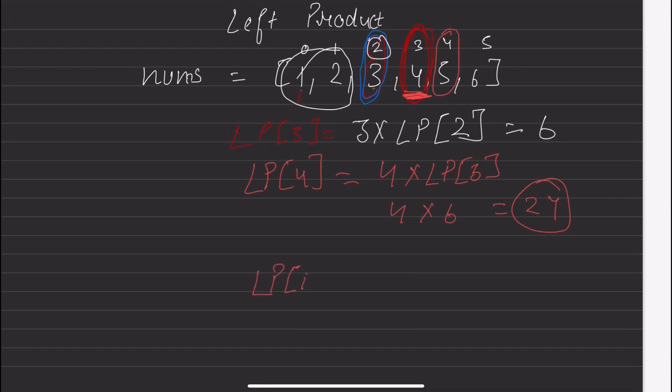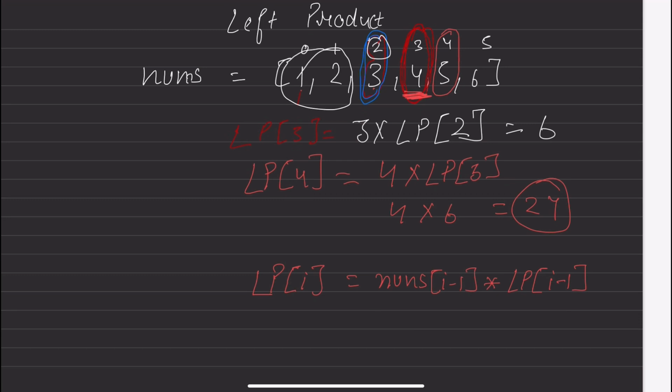LP of I equals nums of I minus 1 into LP of I minus 1. But now you're thinking, hey, we don't know LP of 0, or LP of 0 minus 1, right?